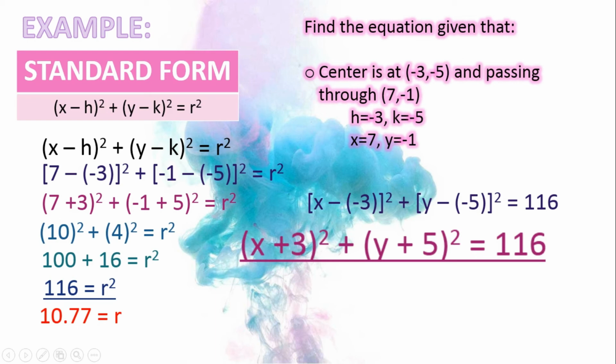So that is now your equation. In the equation, you no longer need to substitute x or y. Only h and k need to be substituted. So, be mindful. The passing through point is used if r is not given. But if r is given, the passing through point is not used in the equation. It is only for the purpose of finding r.